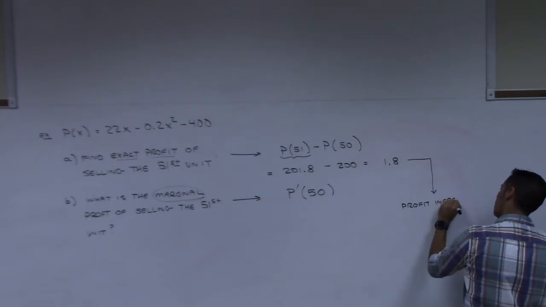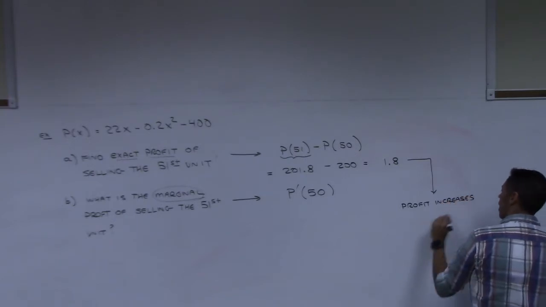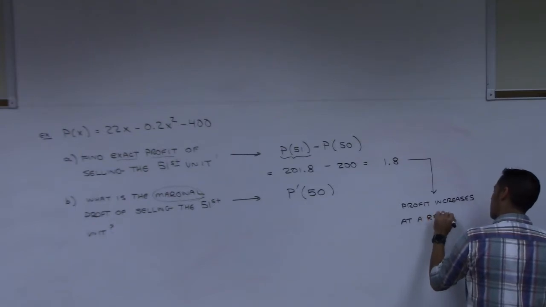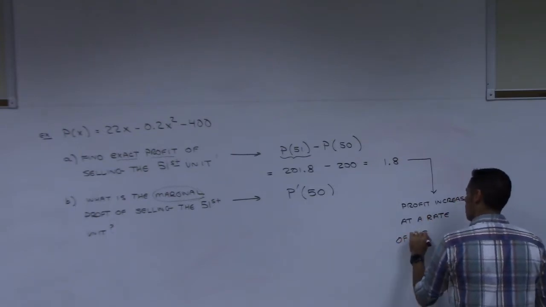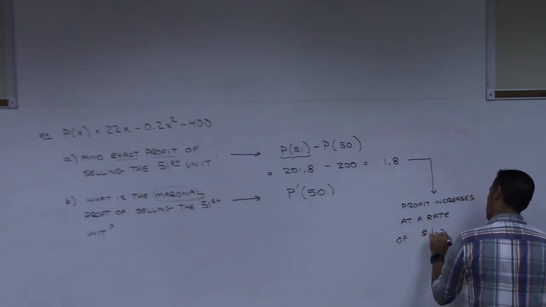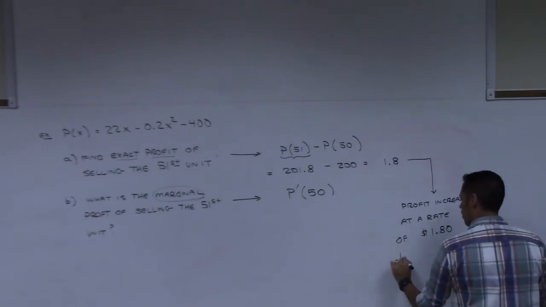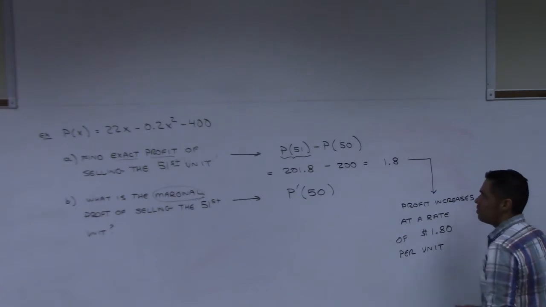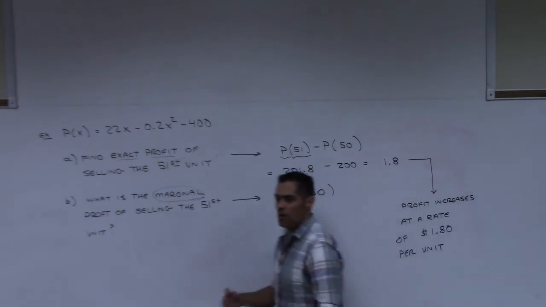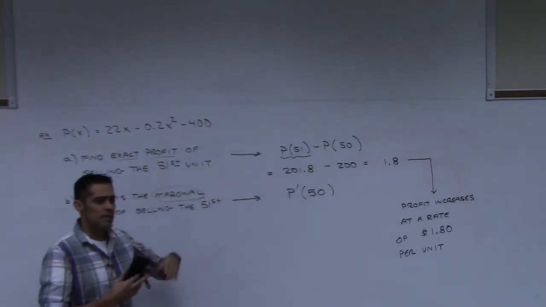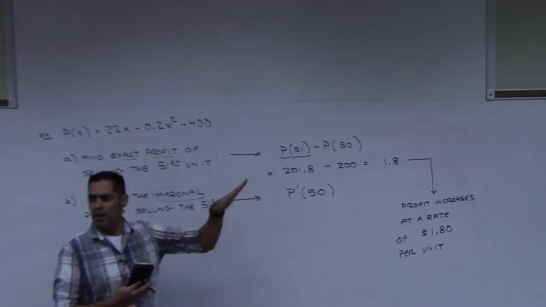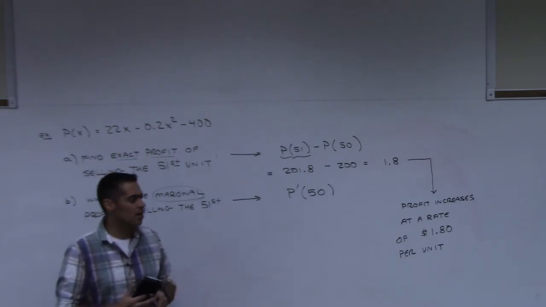Profit increases at a rate of $1.80 per unit. So at exactly that moment that you go from the 50th calendar to the 51st calendar, your profit is going up by $1.80.